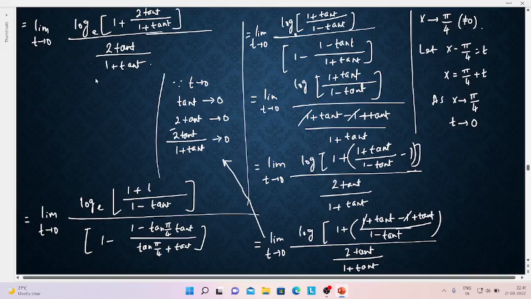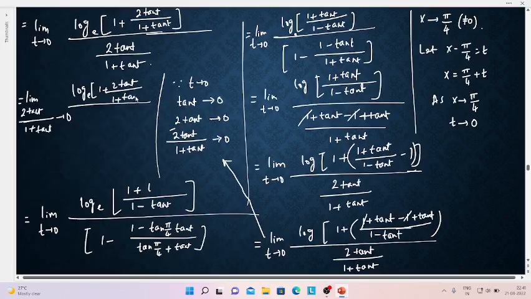Since the denominator is non-zero, we can write this as limit of 2 tan t over 1 plus tan t tends to 0, that particular total function, which is logarithm base e of 1 plus 2 tan t over 1 plus tan t, and on the denominator we have 2 tan t over 1 plus tan t.